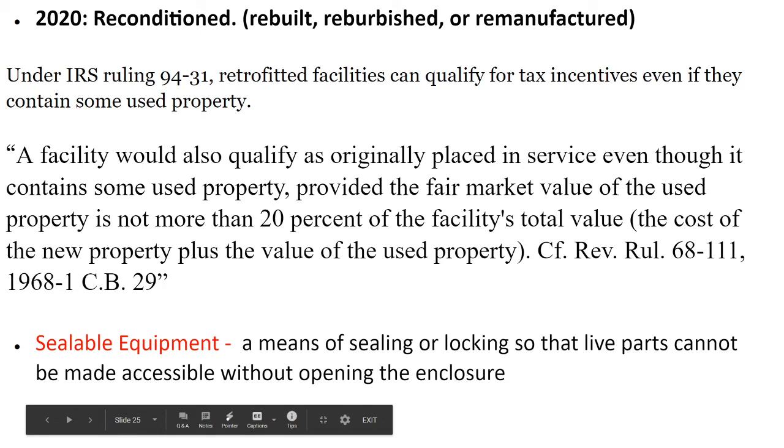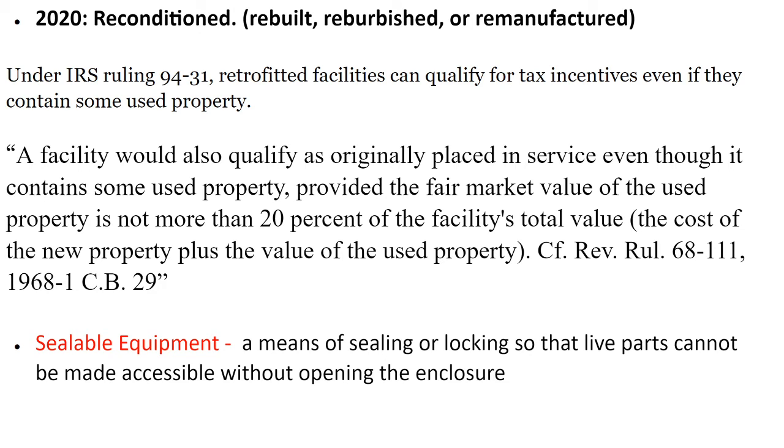What's kind of interesting about this, NEC says reconditioned is what we're calling refurbished, remanufactured, rebuilt products. It's reconditioned. And I think this is interesting. The IRS ruling says that you can actually count some used property as new in terms of qualifying it for the investment tax credit, provided that there's rules governing when the property was put into place, and that no more than 20% of the facility's total value is used.